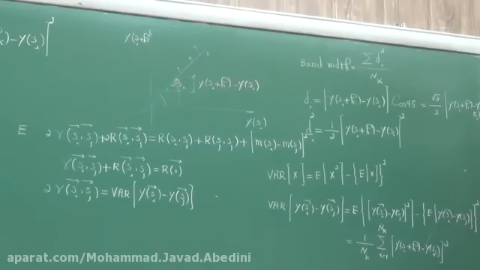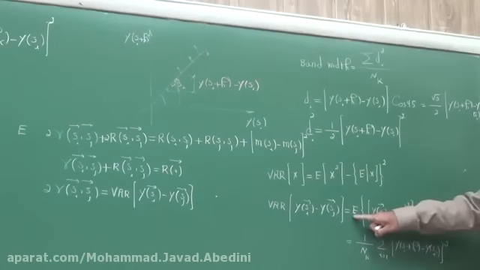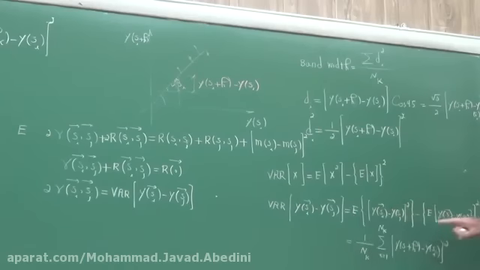This part has to be 0. Please pay attention. This 2 here, Mr. Zahiri, has nothing to do with this 2 here. But this 2 here has something to do with this 2 here.